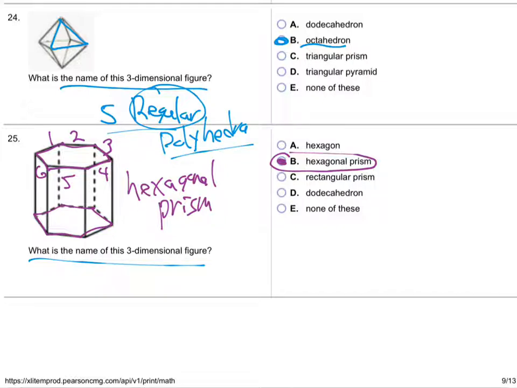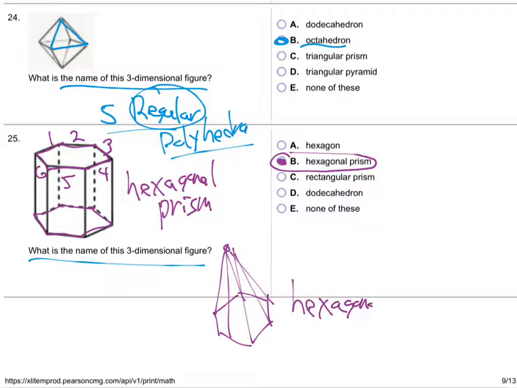So prism has top and bottom the same. A pyramid has one base and comes to a point. So this here would be 1, 2, 3, 4, 5, 6. This is a hexagonal pyramid. See the difference? All right.